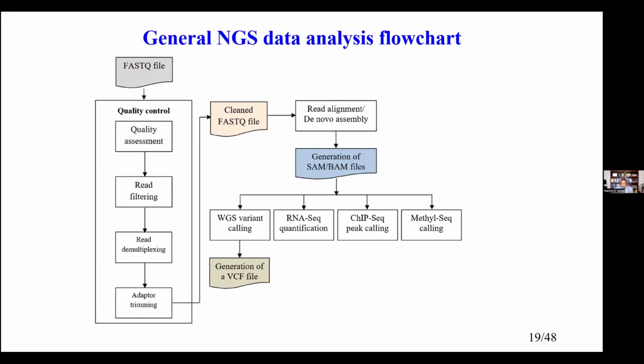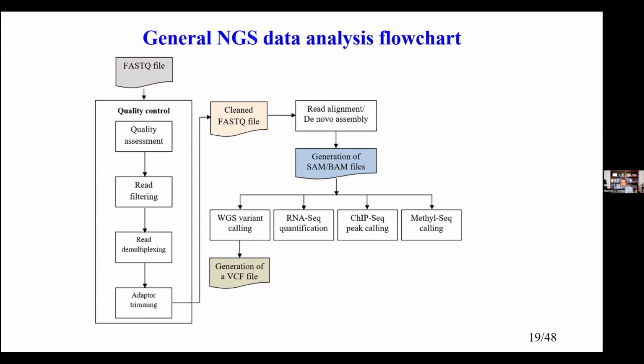One is whole genome variant calling, if we need to know the SNPs and mutations, insertions or deletions. RNA-seq is used to quantify the reads and do what we call differential analysis, to see the gene expression and compare between different cases.